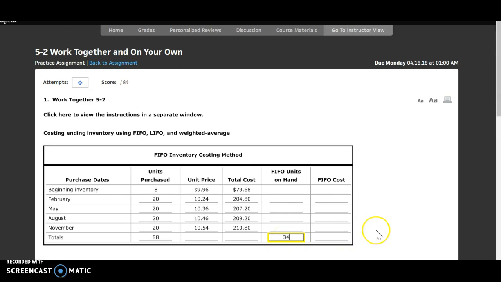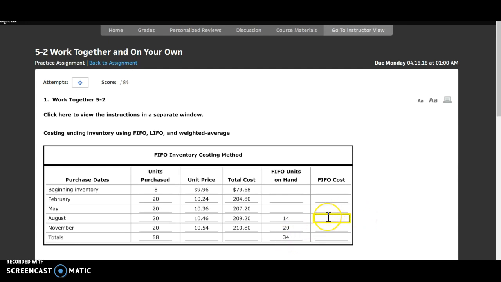So I'm going to type that in for my total. And then I'm going to work my way backwards. So November, we bought 20. I'm going to use all 20 for there. Okay, so 34 minus 20 says I still need to use 14. So from the August purchase, I'm only going to have 14 of those left. So 14 plus 20 is going to be my total of 34 left.